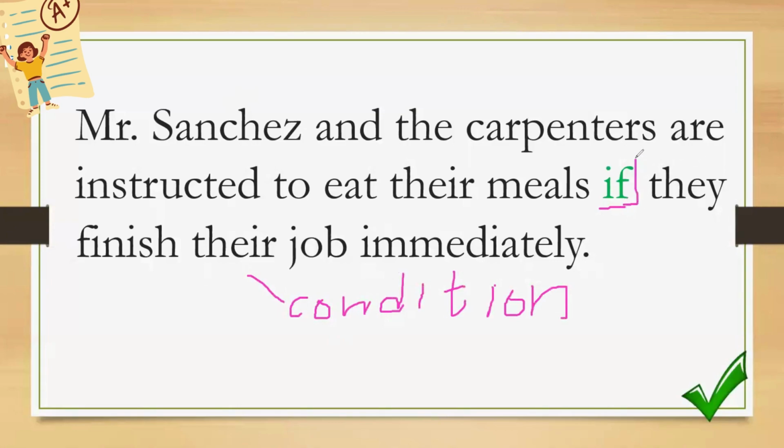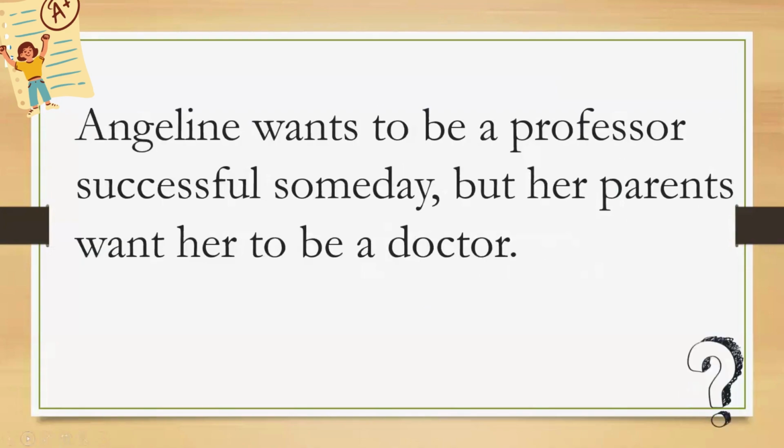So the appropriate subordinating conjunction to be used is the word if, because if shows condition. So you see, it's so easy to use conjunctions properly if you know how to use them. So keep that in mind.